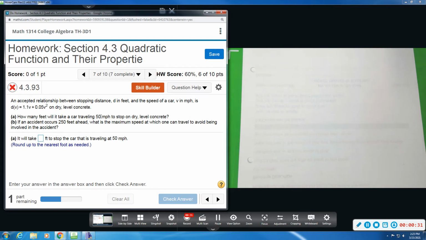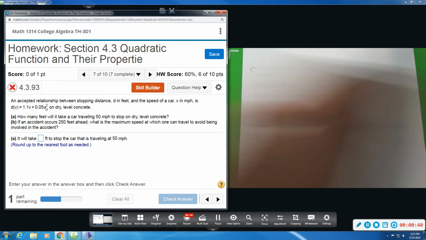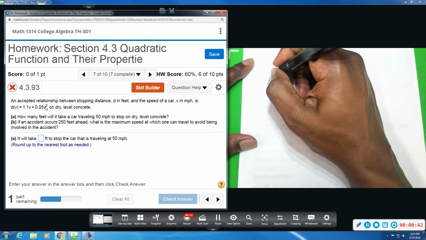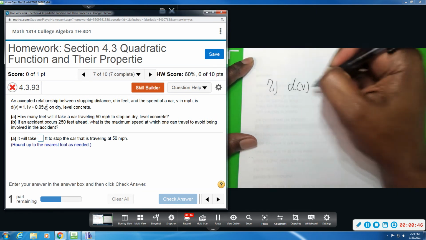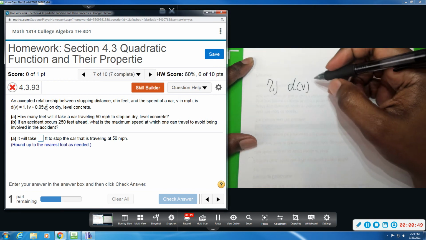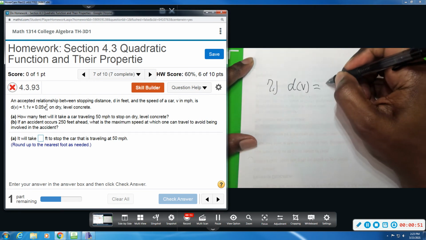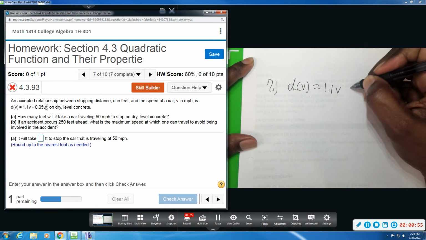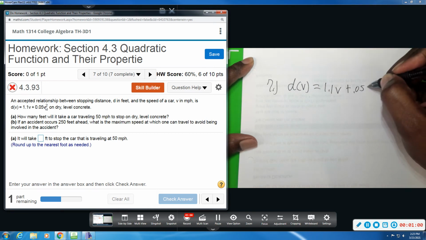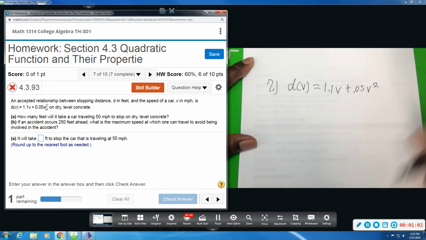The car is going 50 miles per hour. Miles per hour is V. So we're going to plug in 50 for V. So the first part, we have this equation d of V, distance and the speed, equals 1.1 V plus 0.05 V squared.